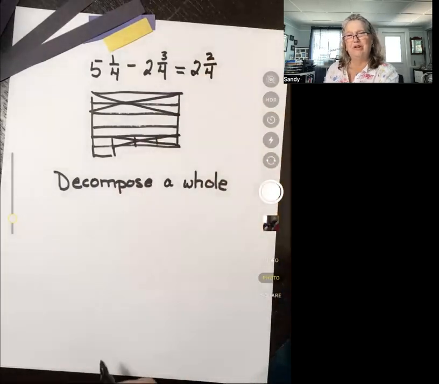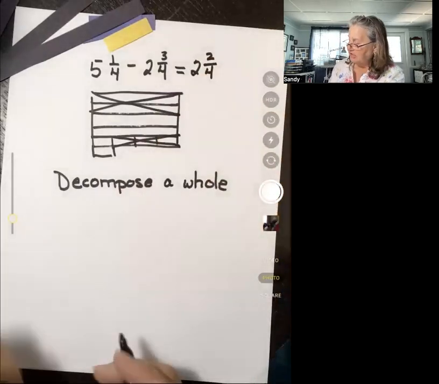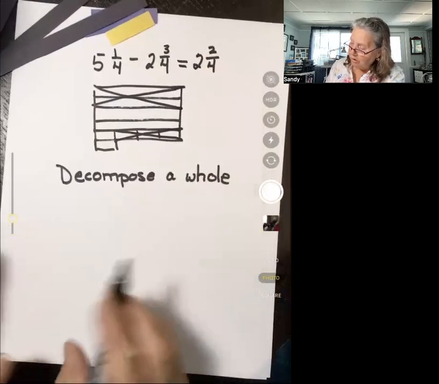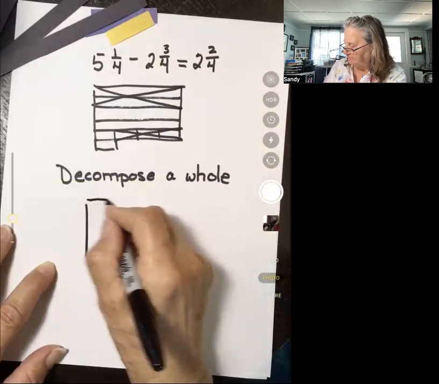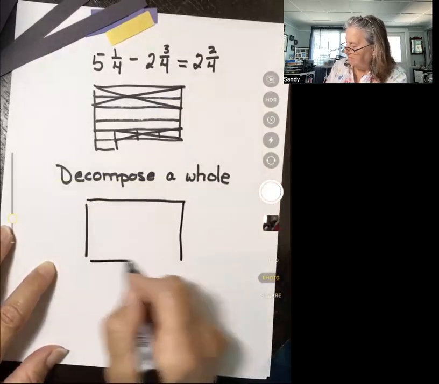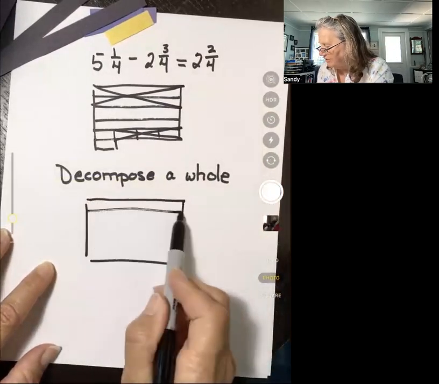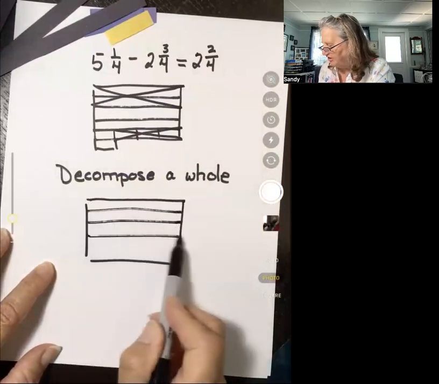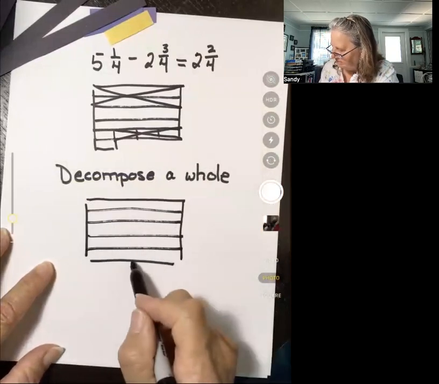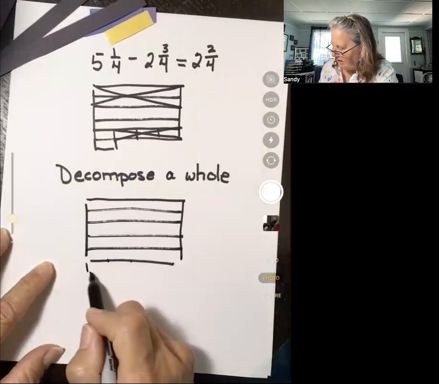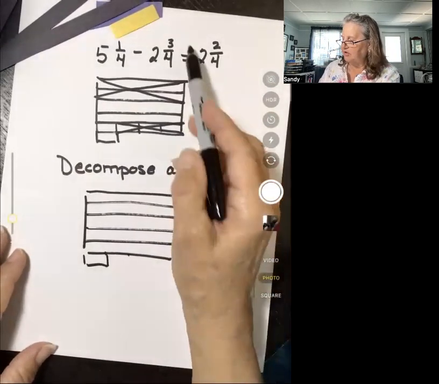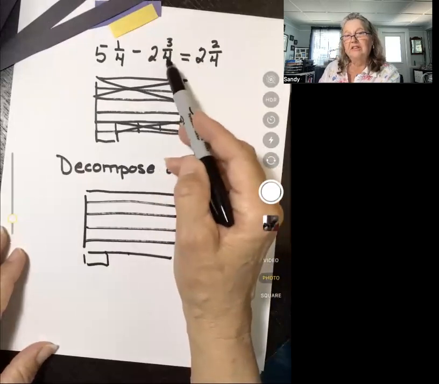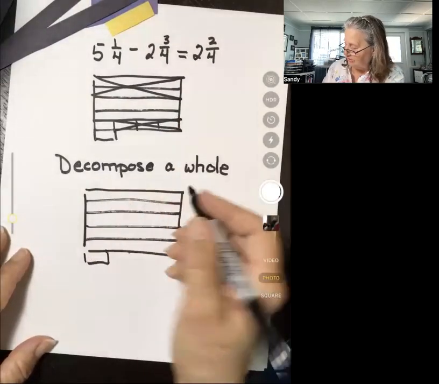Okay, decompose a whole. Now, some children work a little differently when they're going to decompose a whole. Mathematically still sound what they're doing, the strategy that they're using. They have that 5 and 1/4, but to remove 2 and 3/4, they'll remove the 2 holes, no problem.